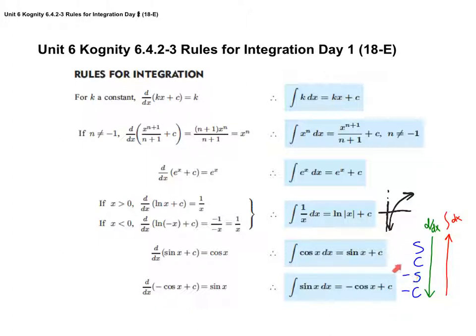The integral of negative sine is cosine. And the integral of cosine is sine. So, the integral of sine takes us back down to negative cosine. It's like a big circle. If you just write that on the side of your paper, that helps you think it through. Okay?